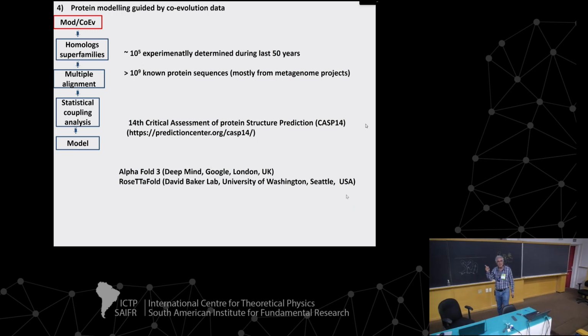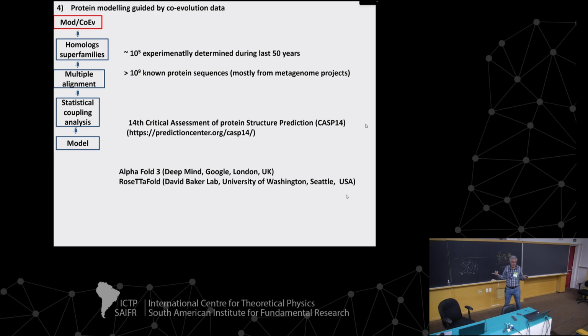They would send it to the organizers, and every couple of years, specialists in predicting protein structure would take the sequence, try to predict the structure, and then compare their predicted model with the actual structure.